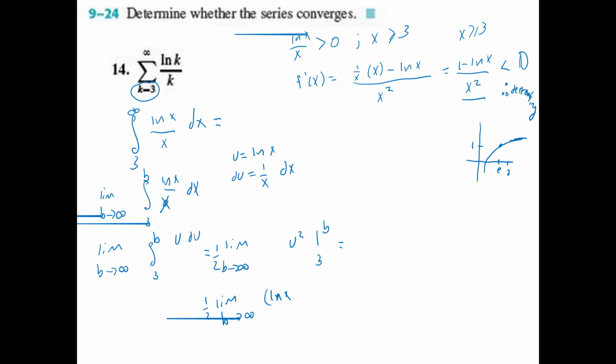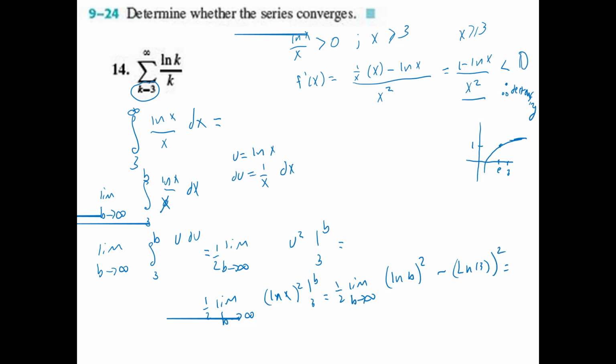Natural log of x squared evaluated from 3 to b, which is then 1/2 the limit as b goes off to infinity of the natural log of b squared minus the natural log of 3 squared.